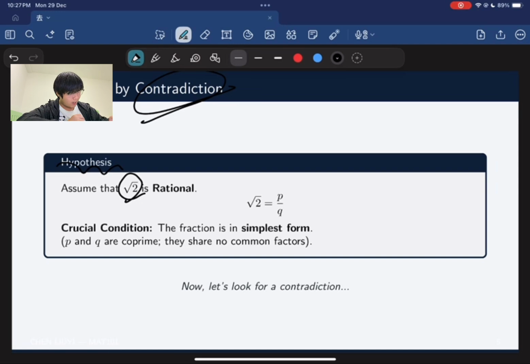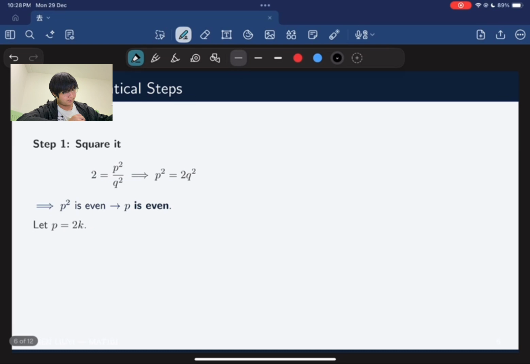This means we can write the square root of 2 as a fraction p over q. We assume this fraction is in simplest form. That means p and q are coprime. They share no common factors. Please remember that. Now let's look for our contradiction.